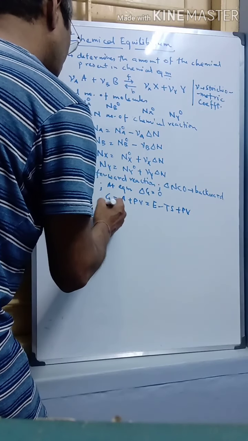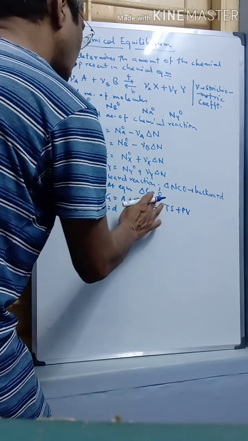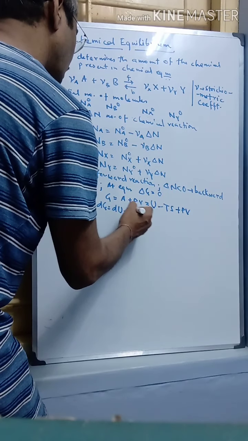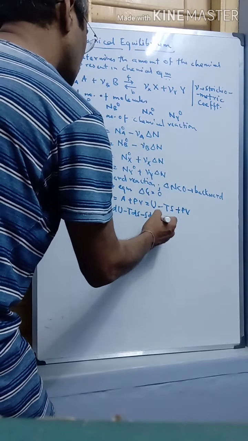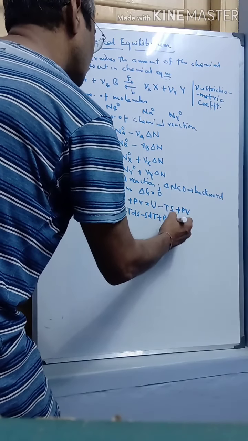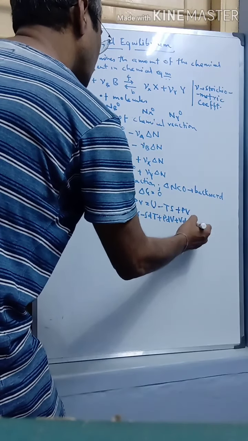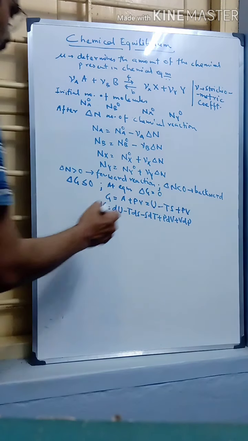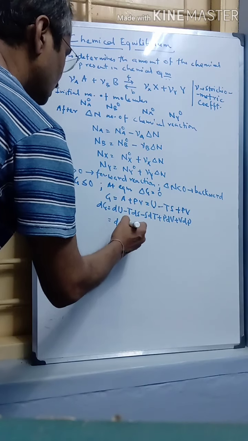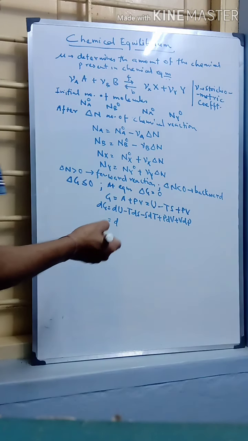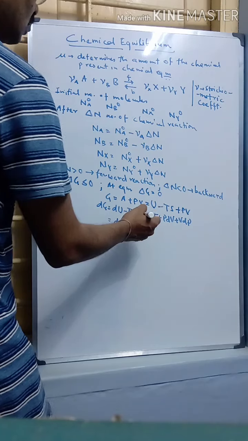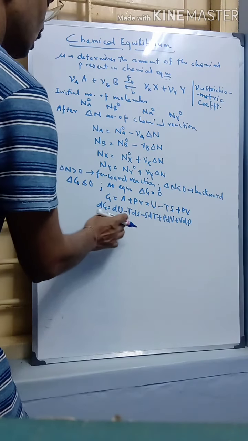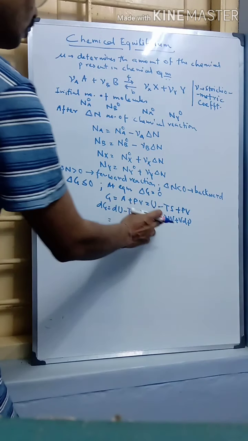So dG would be equal to dU minus TdS minus SdT plus PdV plus VdP, and according to the first law of thermodynamics, dq is equal to dU plus PdV minus mu dN, and this is equal to TdS.